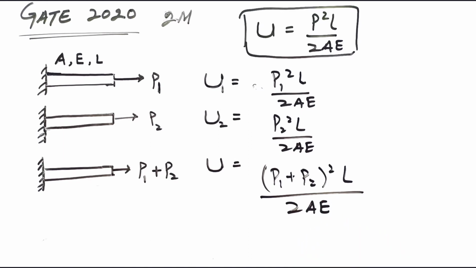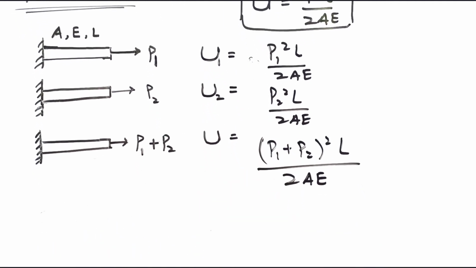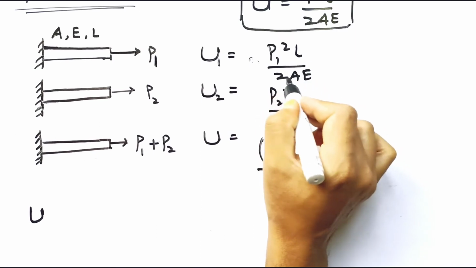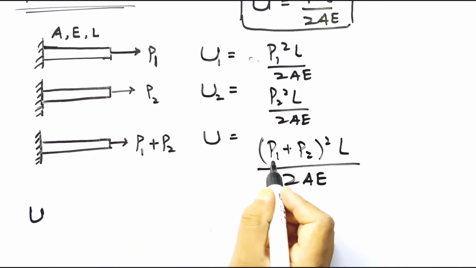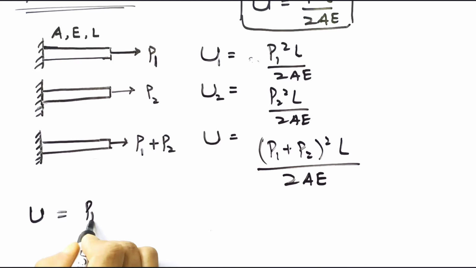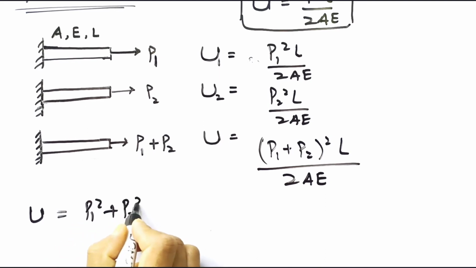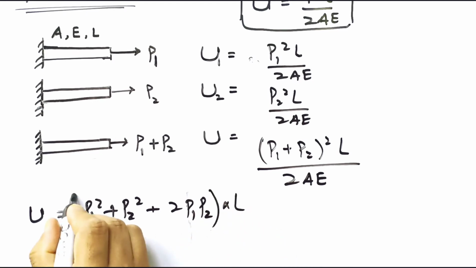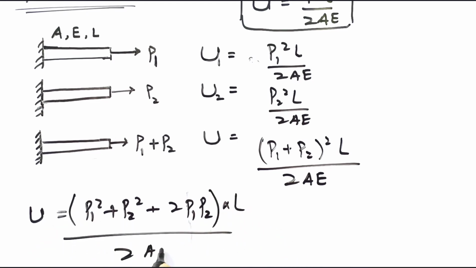Are you getting me? Now, what is the relation between U1, U and U2, right? We know U1 is P1 square into L divided by 2AE. Now we will solve this U term. U is equal to (P1 square plus P2 square plus 2 P1 P2) into L whole divided by 2AE, right?